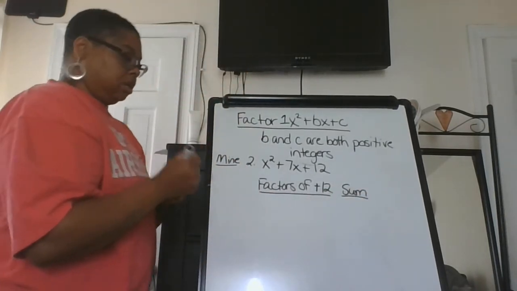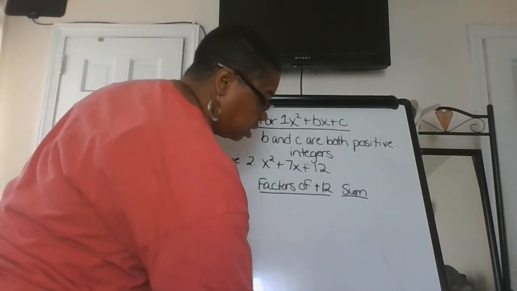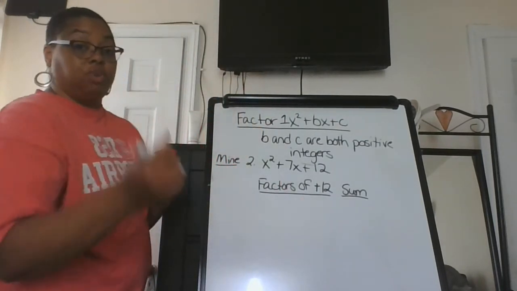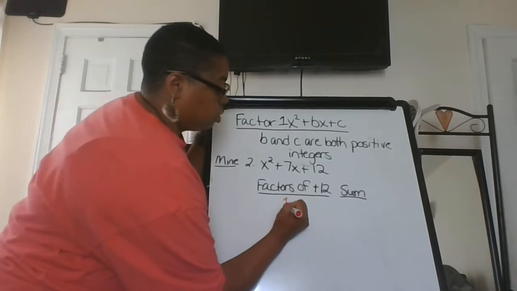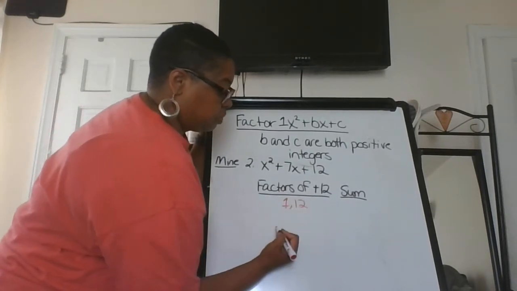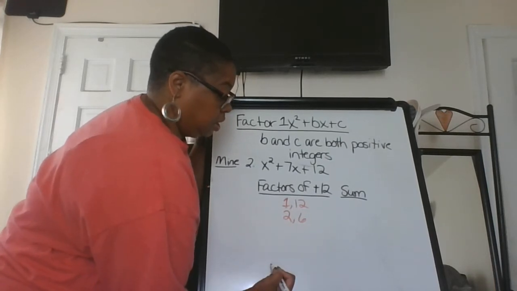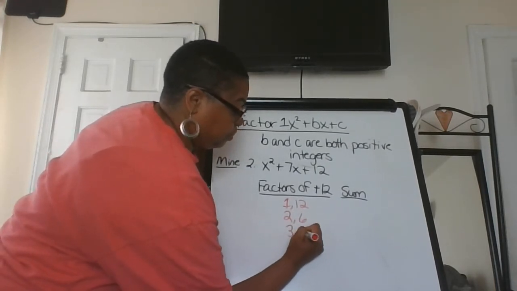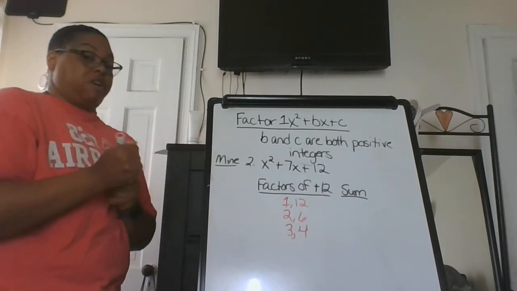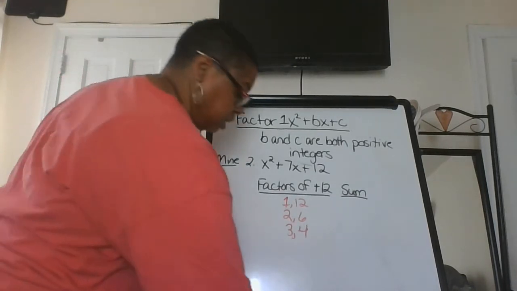Okay. So our factors of positive 12, we're always going to start with 1. So 1 and 12. All right, then we got 2 and 6. And then we got 3 and 4. Okay, so the factors, that's going to give you a positive 12.